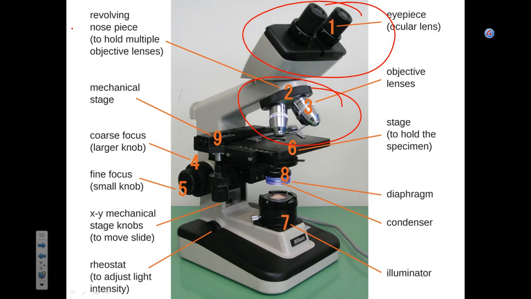You always start with scanning. If you think that you see bacteria in the scanning objective, no, you don't. It's not bacteria. It's crap, it's a bubble, whatever. If you think you see it in the low power, it's probably not a bacteria either.